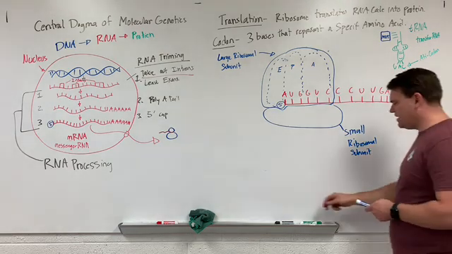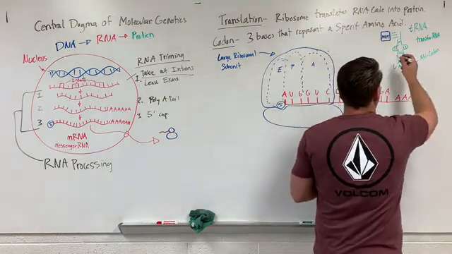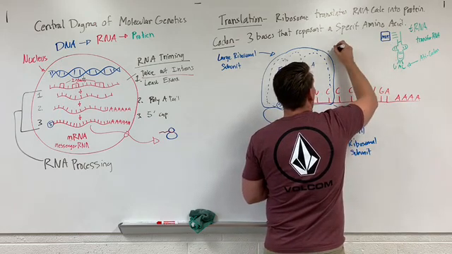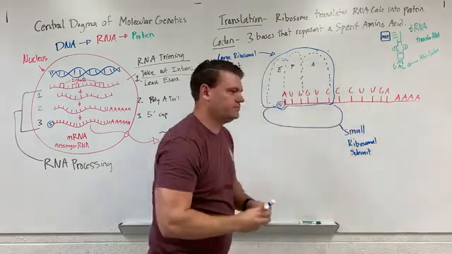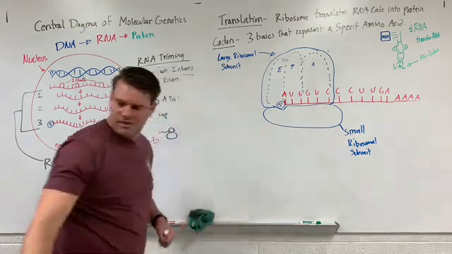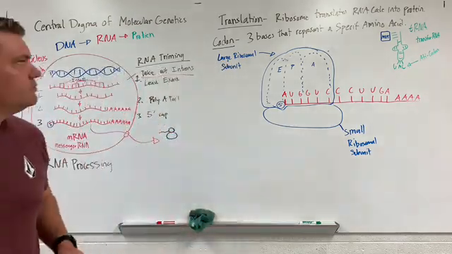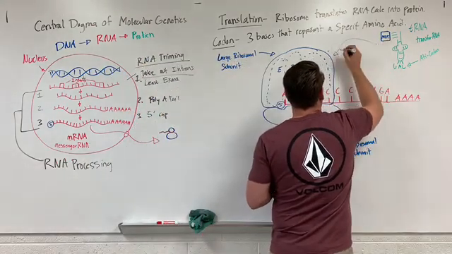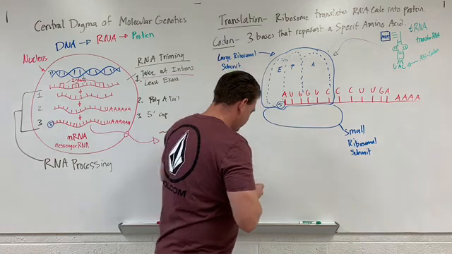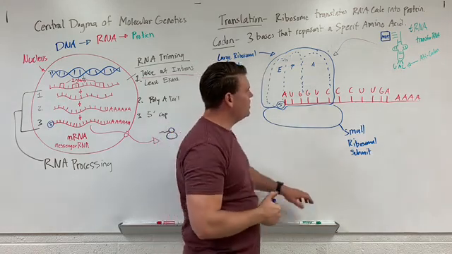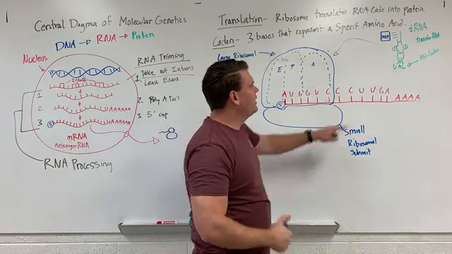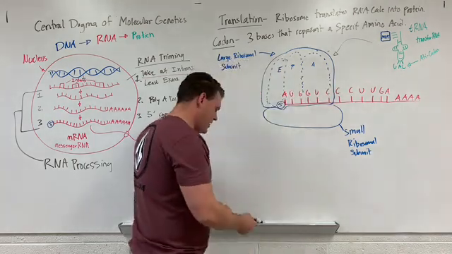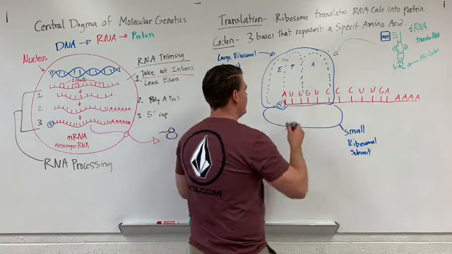And what ends up happening is now this transfer RNA is going to transfer, oh, that doesn't work. It's going to transfer our amino acid MET over to our ribosome, and it's going to line it up perfectly.